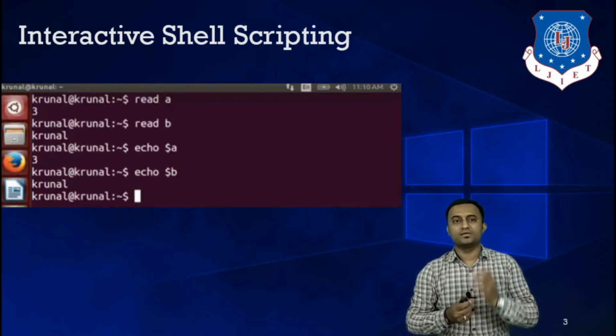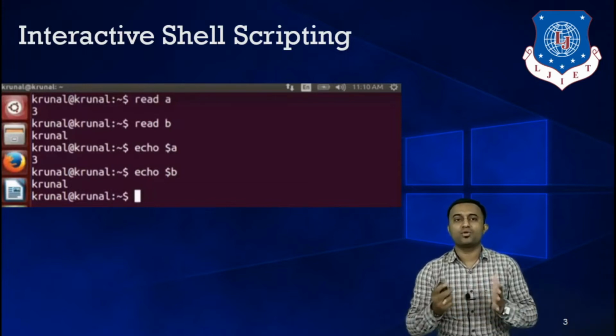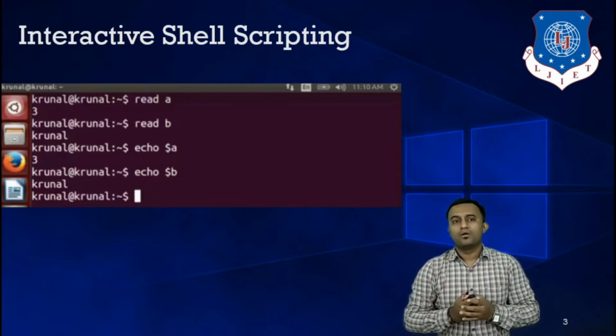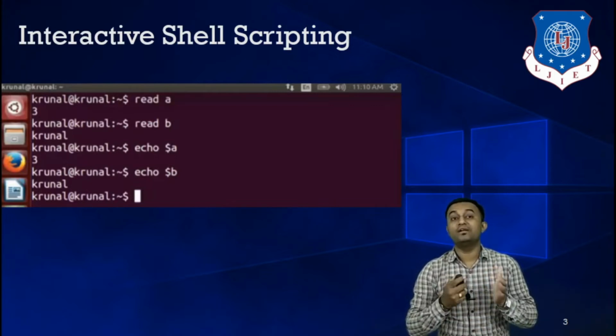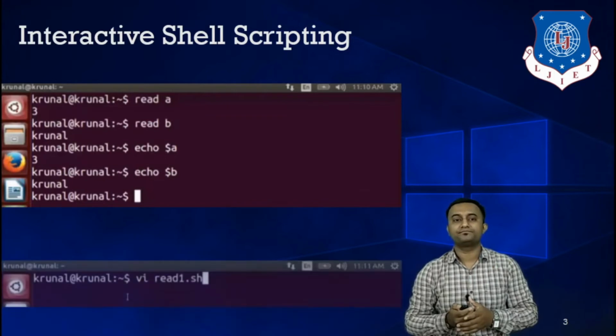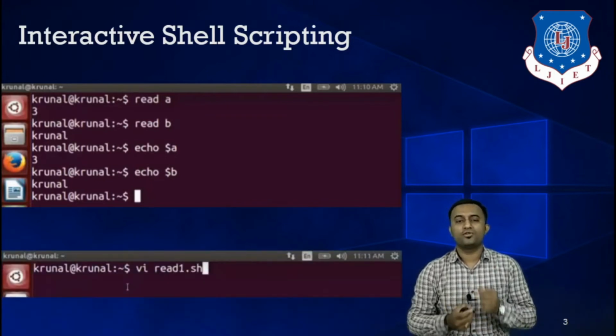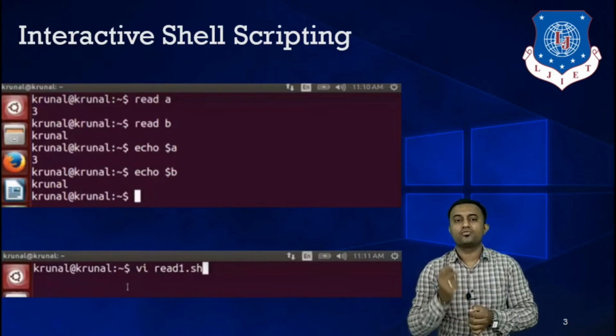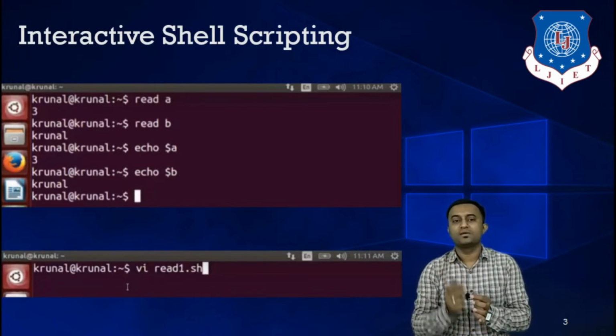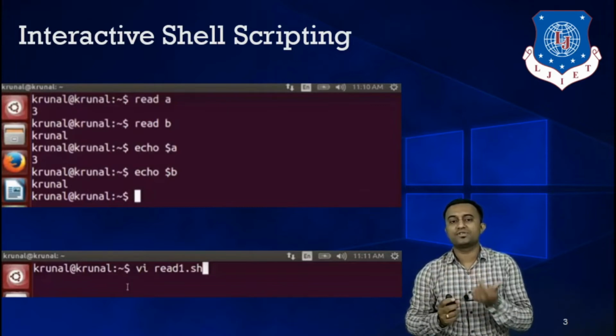Let us discuss one example of a shell script program which is categorized as interactive. First of all, we need to create one file, so for that we use the vi editor: vi space read1.sh. Why have I used read1?